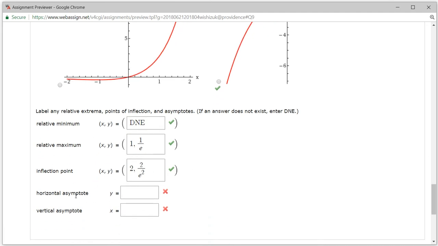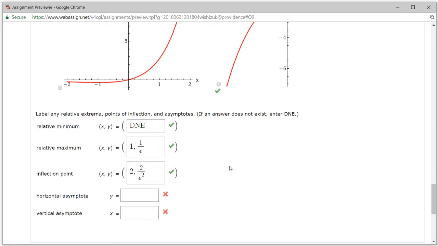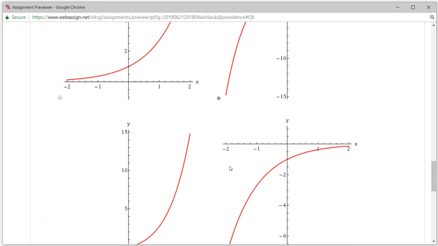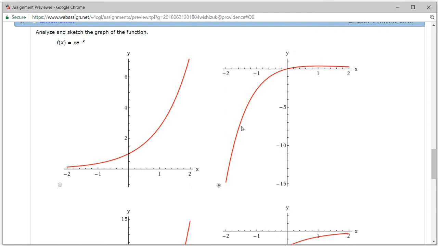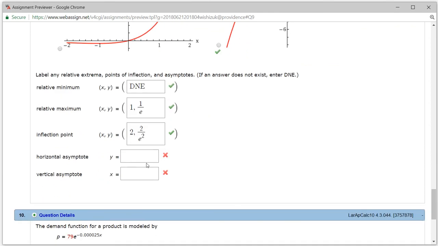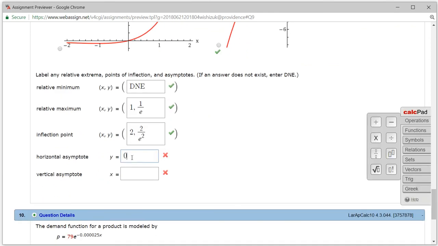All right, so let's look for the horizontal asymptote. Let's look at the picture. As you can see, this is getting closer to the x-axis, which is y equals 0. So y equals 0 is going to be the horizontal asymptote.